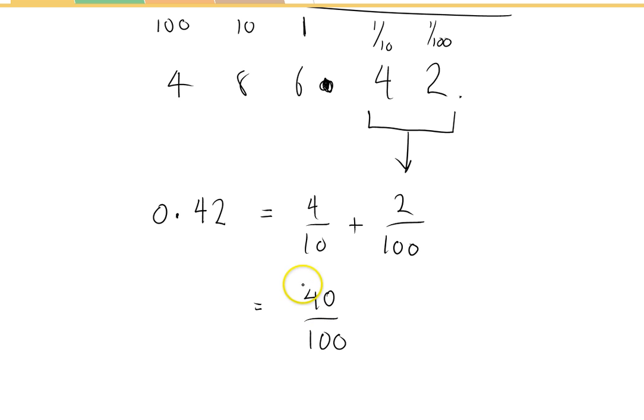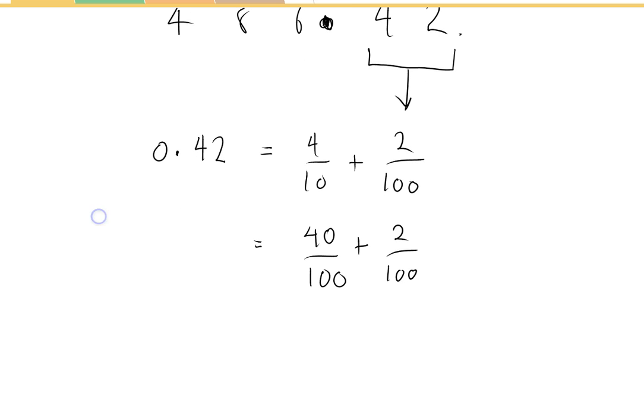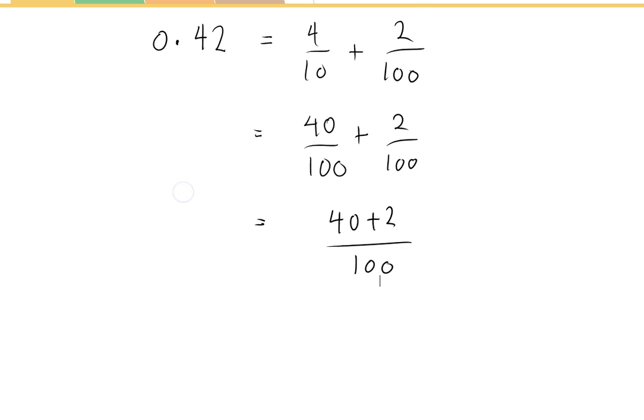So if I wanted to cancel this one, I could cancel a factor of 10 from the top and the bottom, and I'd be back to 4/10 plus 2/100. You see, I've not changed it by rewriting that. 4/10 equals 40 plus 2 all over 100 equals 42 over 100. There you go.